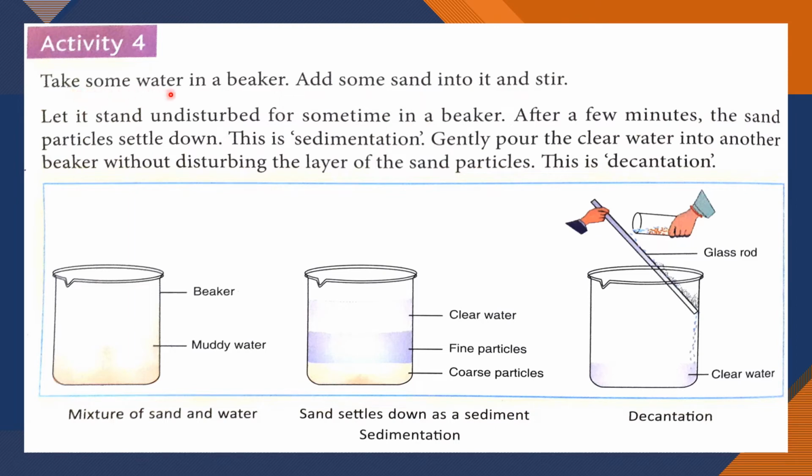Take some water in a beaker, add some sand into it and stir. Let it stand undisturbed for some time in a beaker. After a few minutes, the sand particles settle down. This is sedimentation.